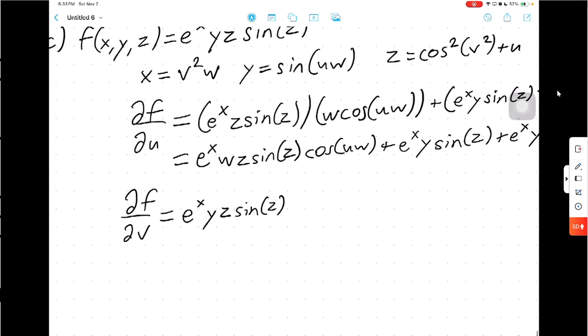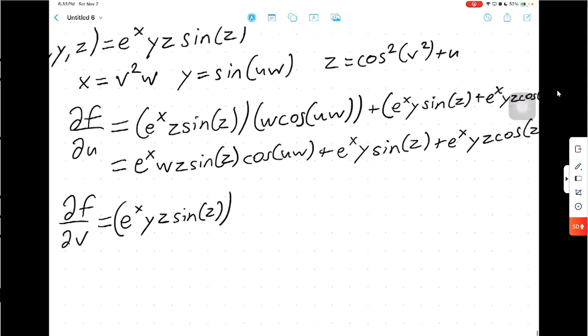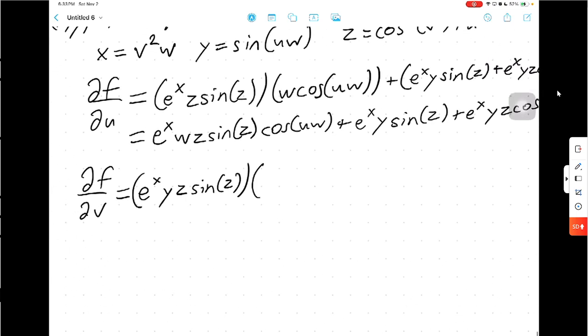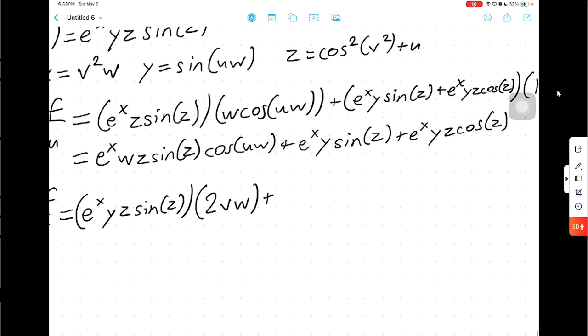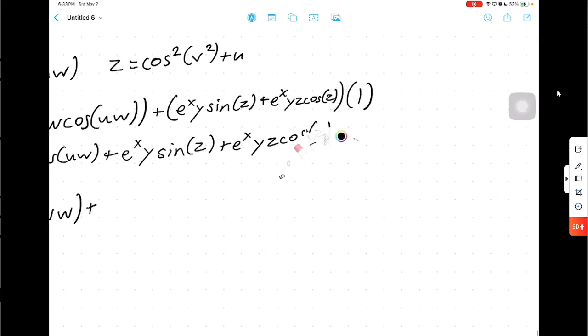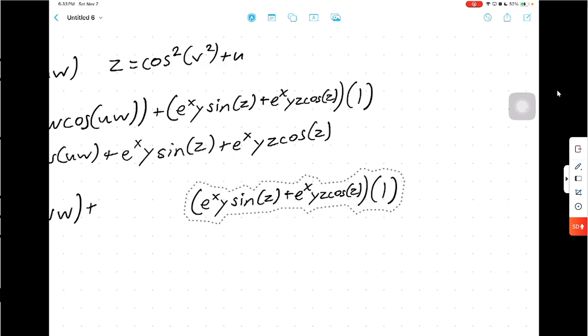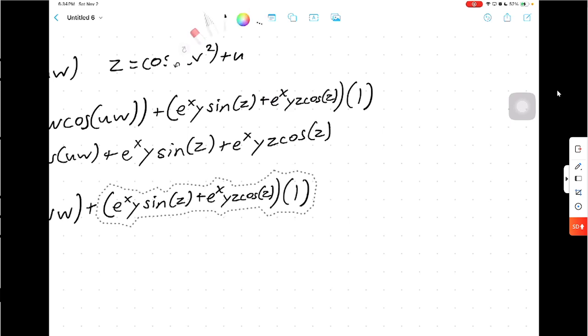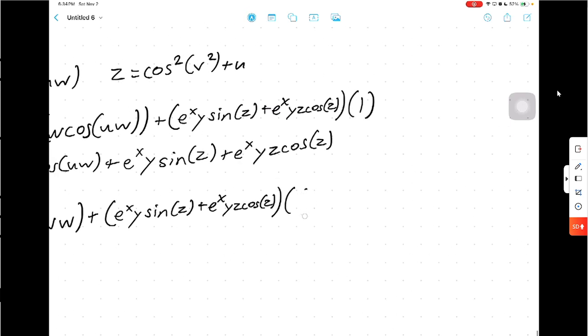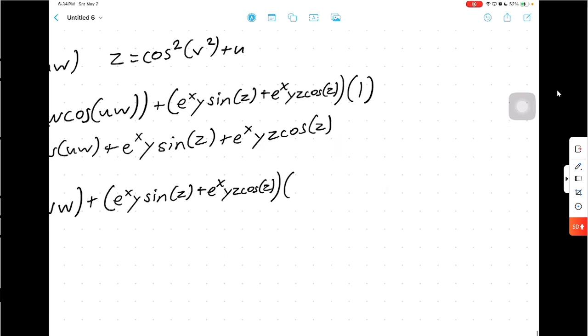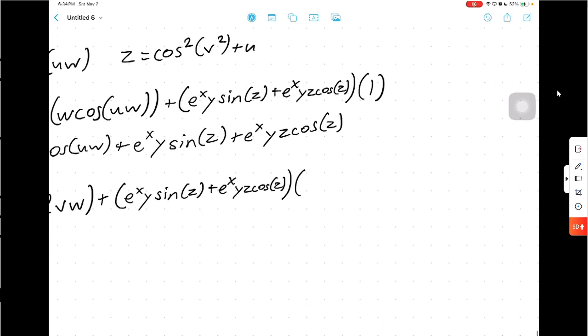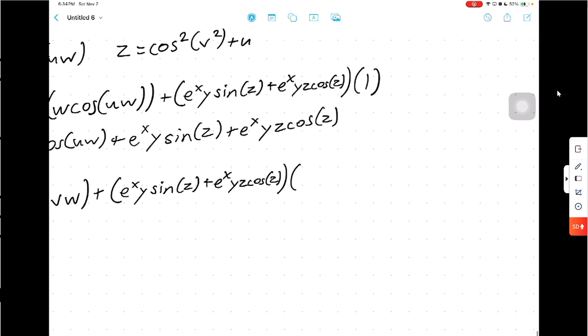So we have e to the xyz sine z times the derivative of x with respect to v, plus the partial with respect to z times the partial of z with respect to v, which is going to be, let's see, what is that?